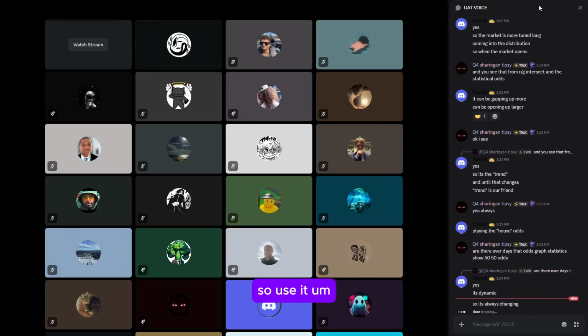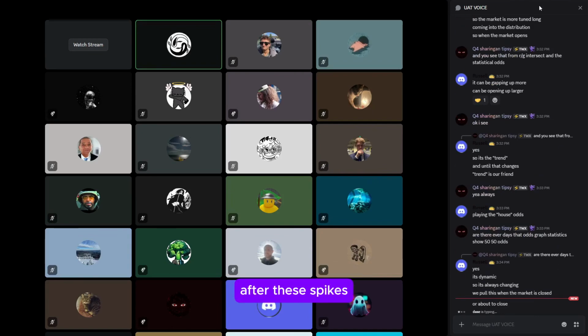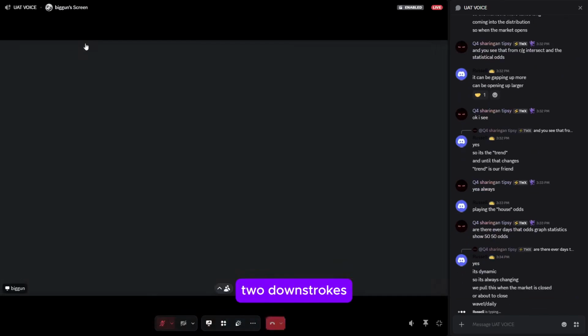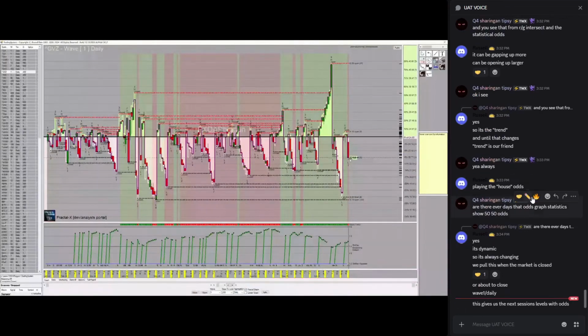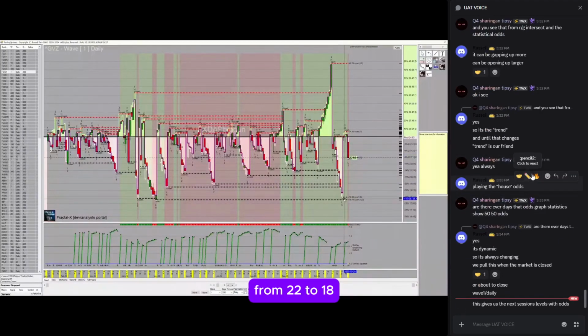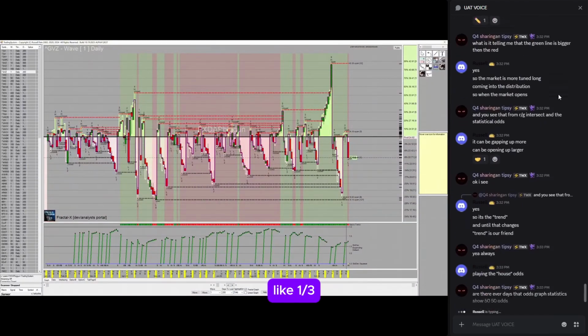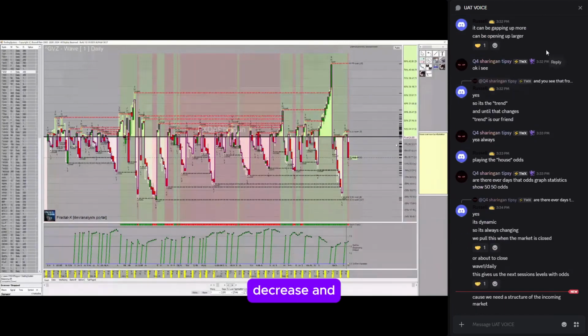So use it. We can see a potential slate of lows that we tend to target here, especially after these spikes. You'll notice we get one up cycle, two down strokes, one up cycle, potentially repeating the same thing, traversing from 22 to 18, which would be roughly a decrease of between a third and a fourth in the implied volatility.